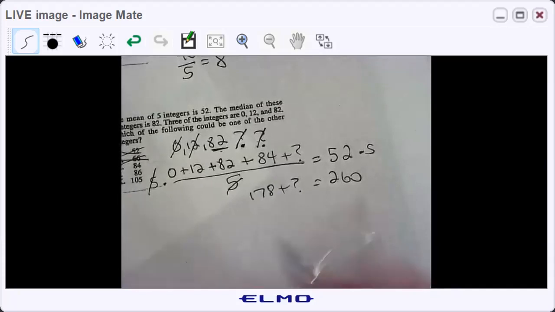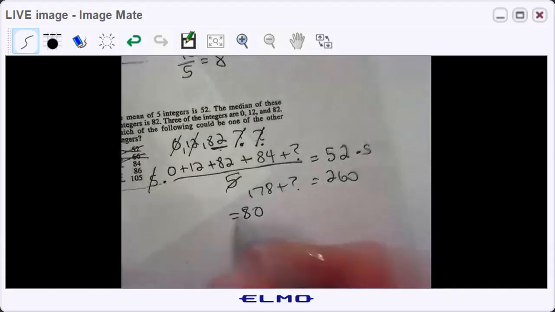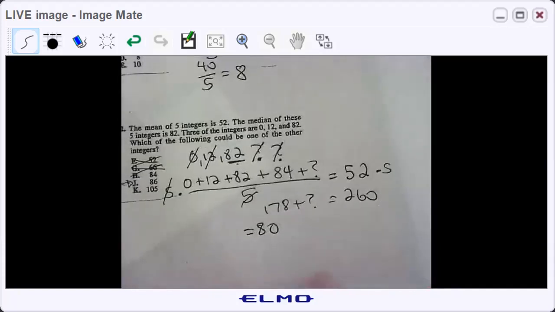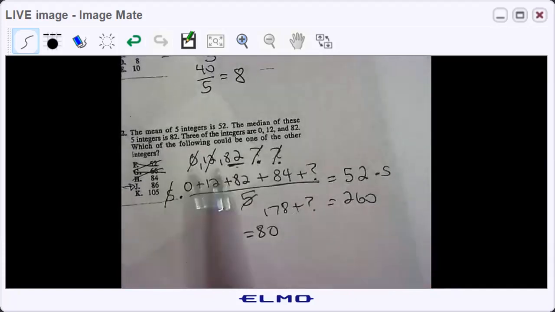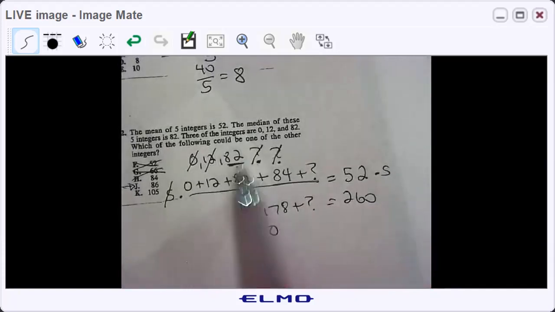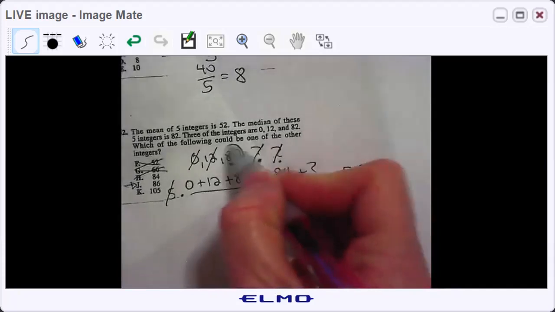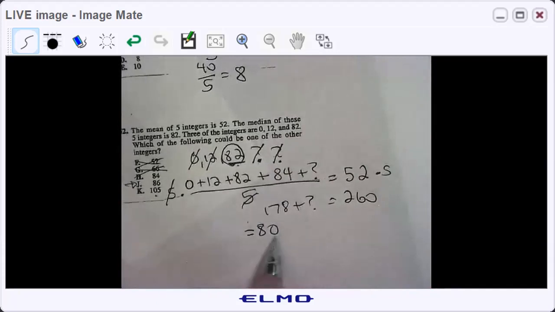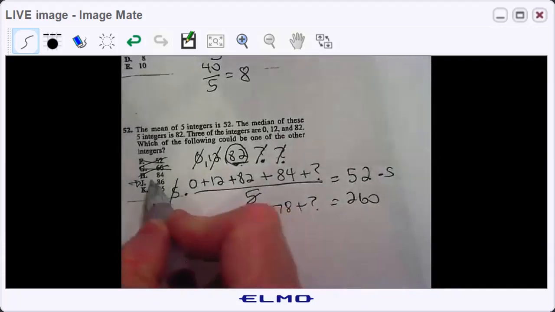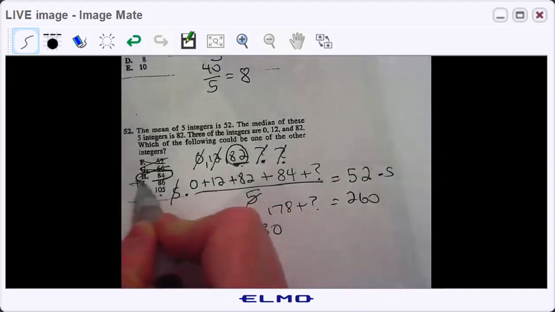When you do that, you get that the other question mark would have to be 80. We know that's not going to work, because 80 would end up being on this side, and that would skew the number that's in the middle, which has to be 82. And of course, if you pick 105, that's only going to make this number even less. So we know the only good choice here is going to be H, 84.